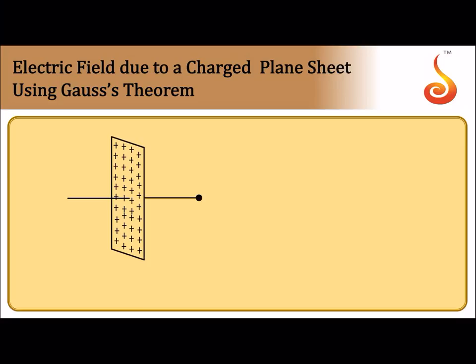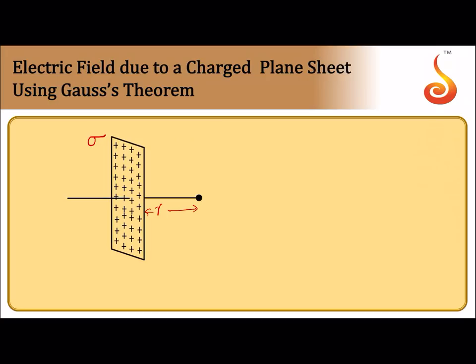For example, you have taken a very thin paper and you have pasted charges on that. An analogy, of course. And the surface charge density is sigma. And you are interested in getting the electric field at a distance r from the surface. Hope you are getting that picture.